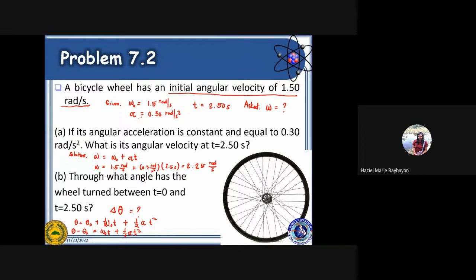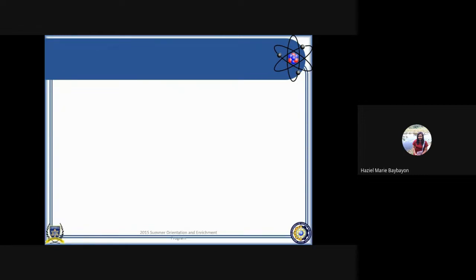So now let's evaluate it. You now have theta minus theta naught equals omega naught t plus 1/2 alpha t squared. I just copied it, class. So, this is your delta theta. Omega naught is 1.5 radians per second multiplied by the time.